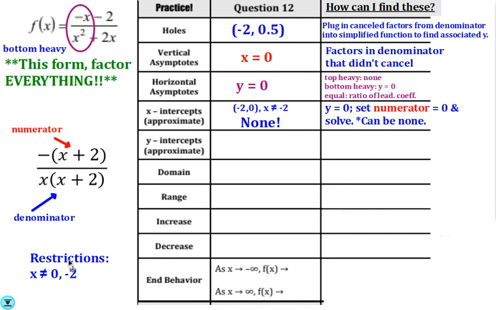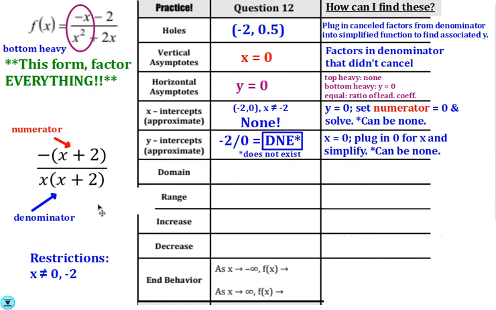However, we have a restriction that x can't be negative 2, so we have no x-intercept. Y-intercept, plug in 0 for x, again, does not exist.